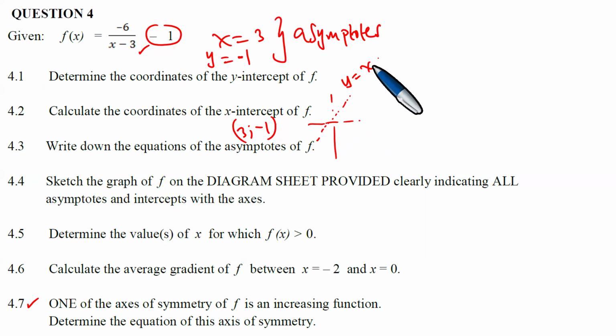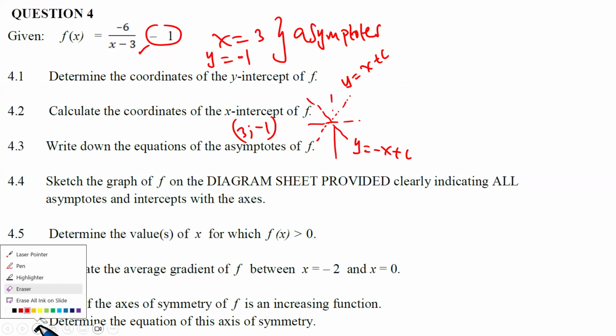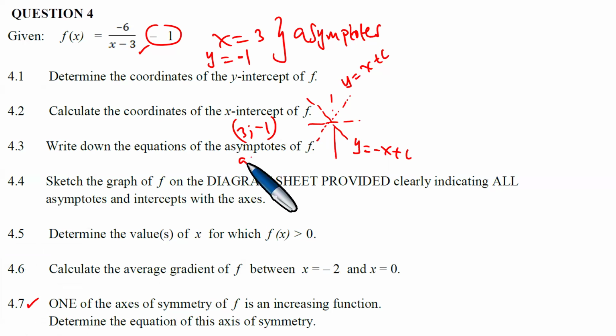So there's y equals x plus c, and the other one is y equals minus x plus c. Both of these are the axes of symmetry, so you just have to choose the one with the positive slope.